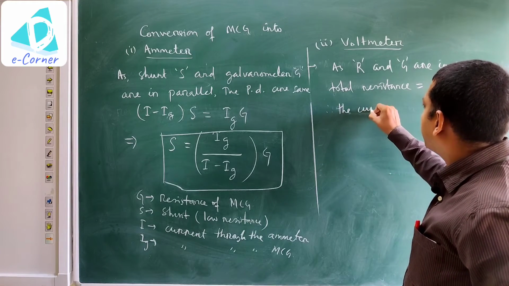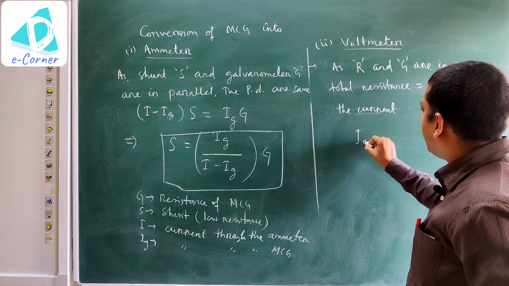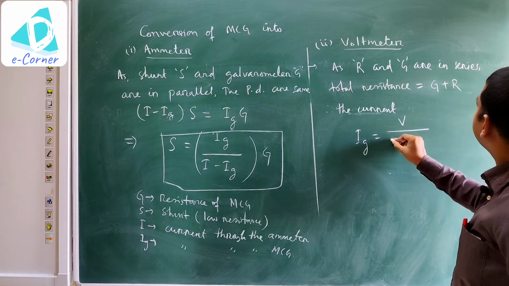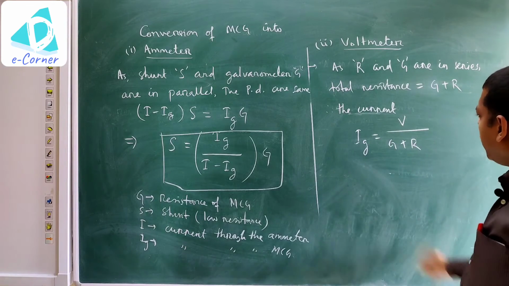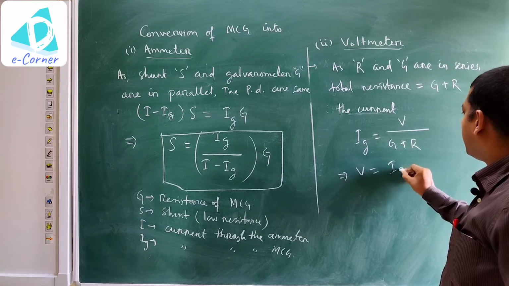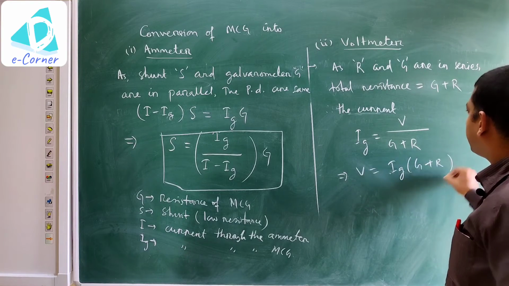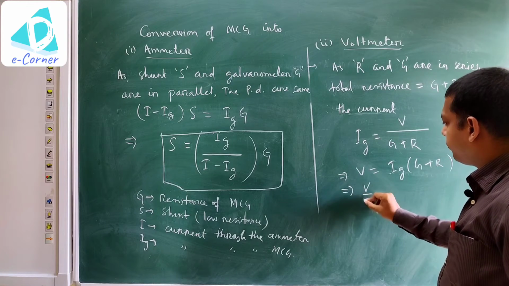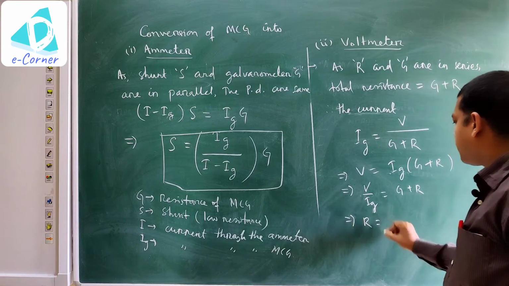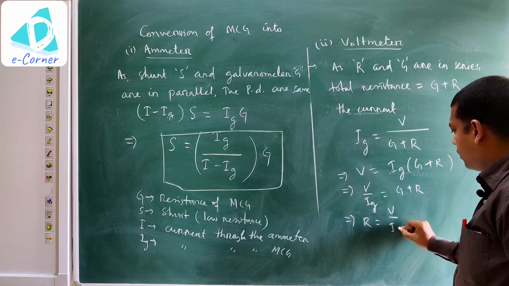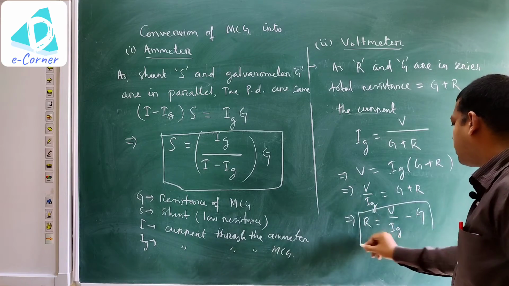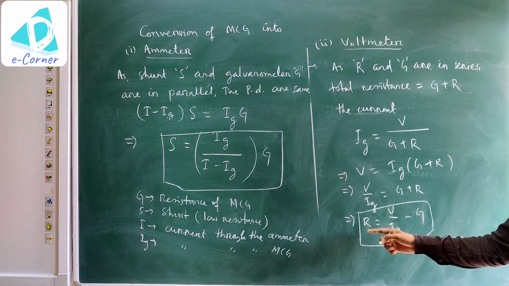Therefore the current Ig is equal to V by G plus R. And we have to calculate the value of R. That implies V is equal to Ig into G plus R. That implies R is equal to V by Ig minus G. This is the expression for the value of R. Got it?